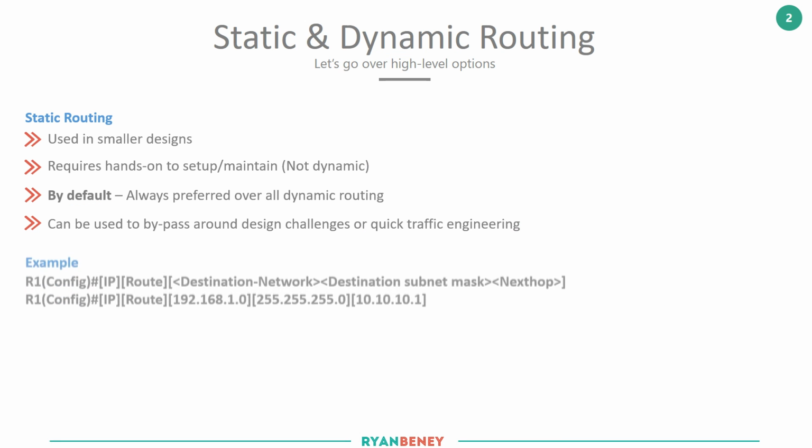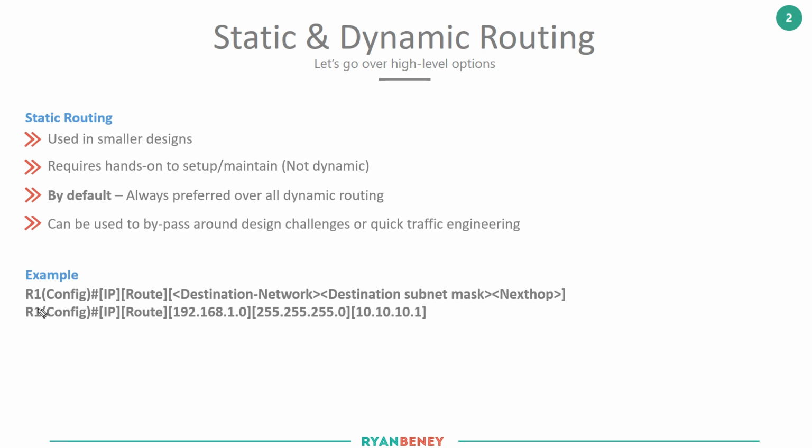How is it actually set up? Very simple. We go into the global config, and we type in the keywords IP route. We use the destination network and destination subnet mask, and then we point it to the next hop.